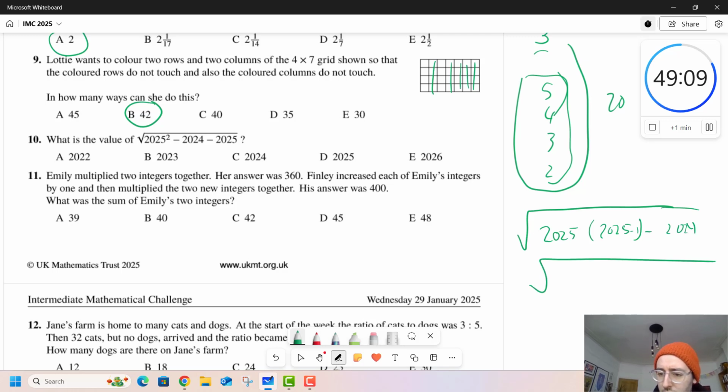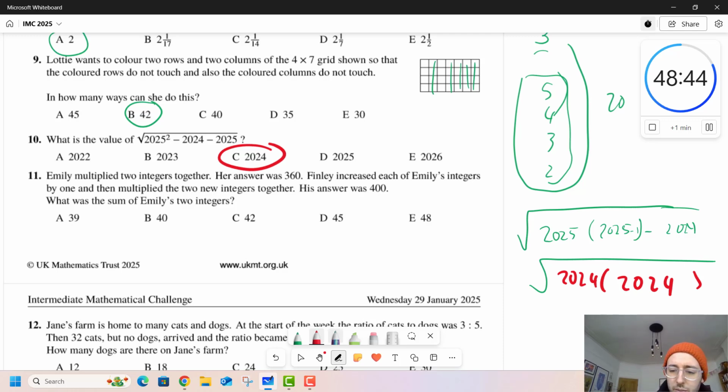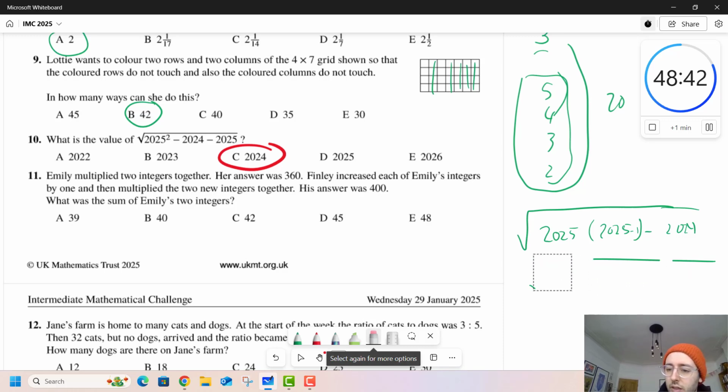So that's the square root of 2025. Factorizing out 2024 now. So that's 2024 lots of 2024. So it's 2024. Yeah, I think that should have been more obvious, but cool. Oh, I didn't want to rub out, but whatever.